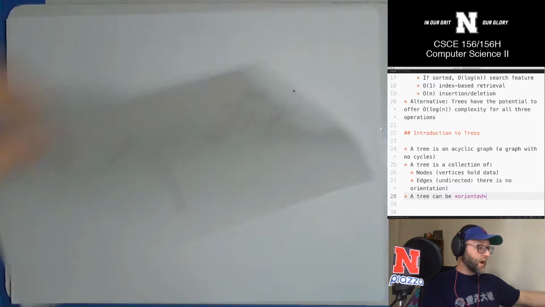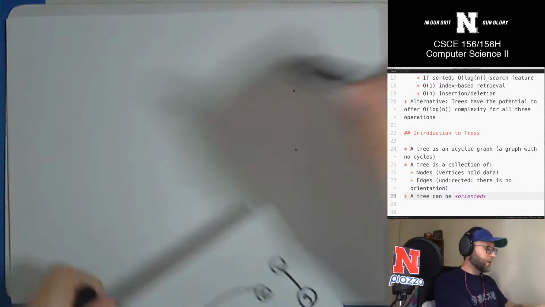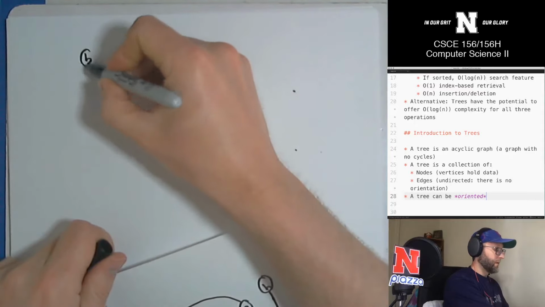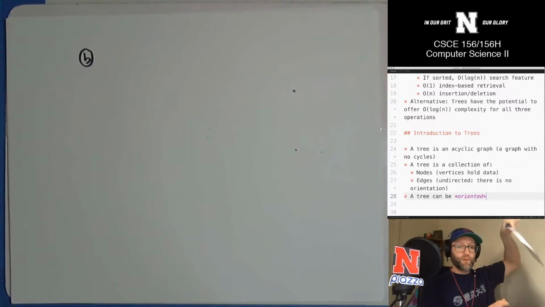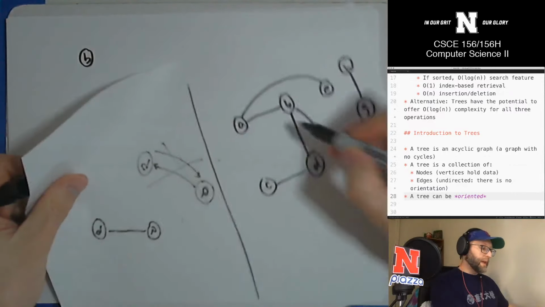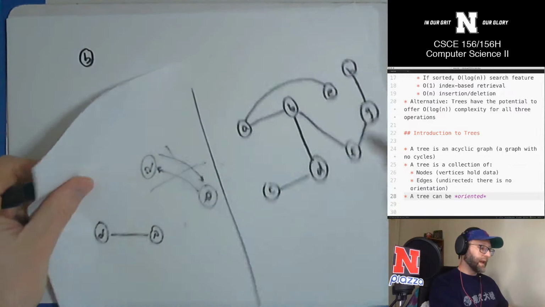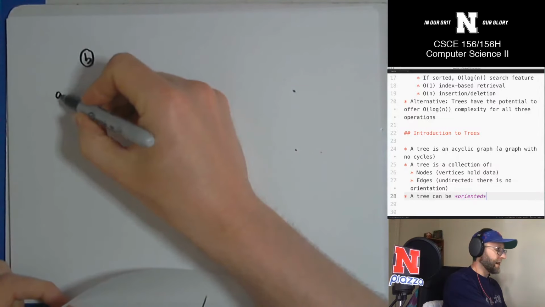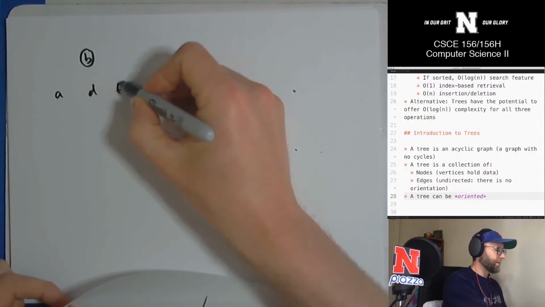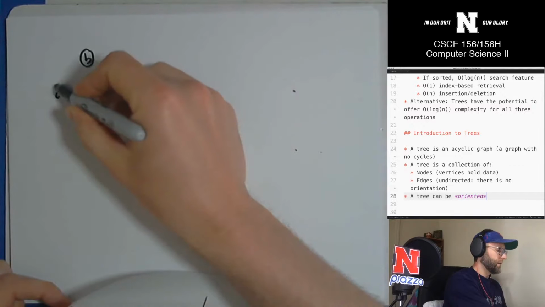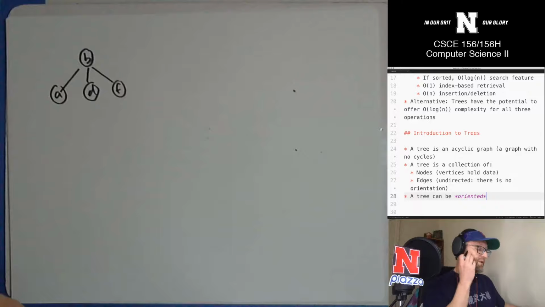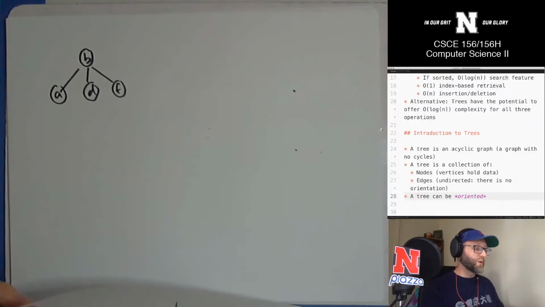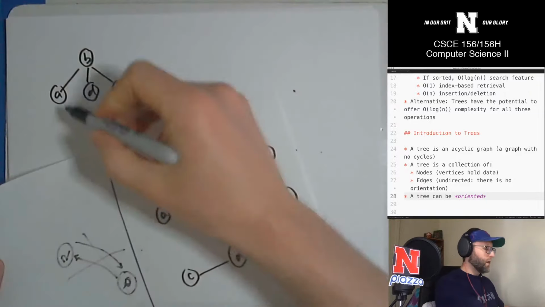If I did that off of B, what might that look like? B would be at the top, right? I'm dangling it now from this piece of paper. B is connected to A, D, and F. So I could write that as A, D, and F. And don't lose the forest for the trees. Don't lose your connectivity here.